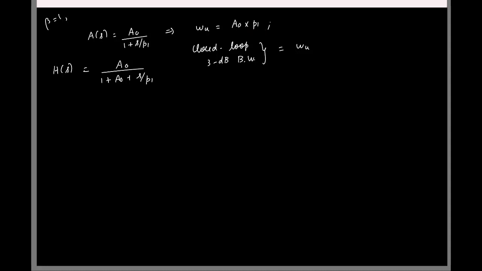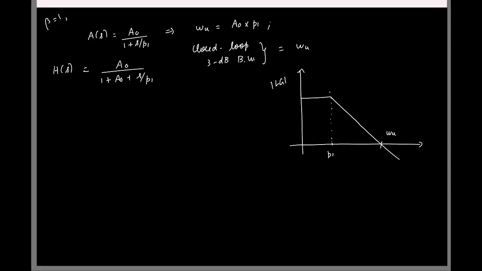So if I were to plot the loop gain for this first order system, again I will have the same kind of behavior, something like this. So this is my p1, this is omega u.